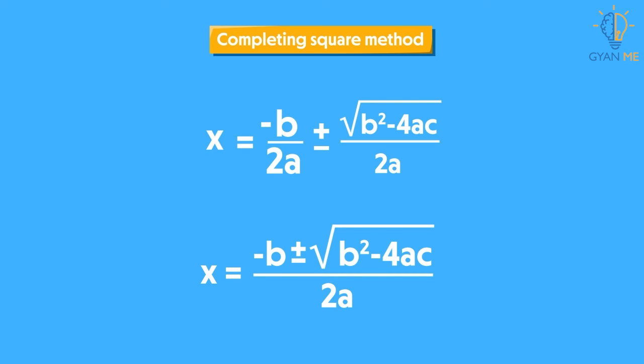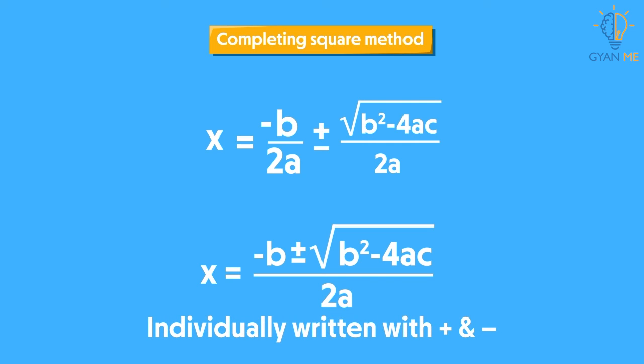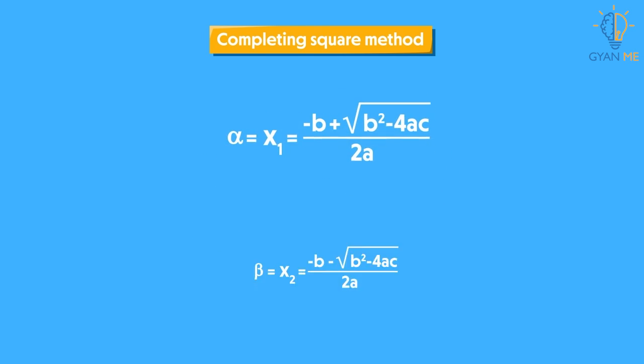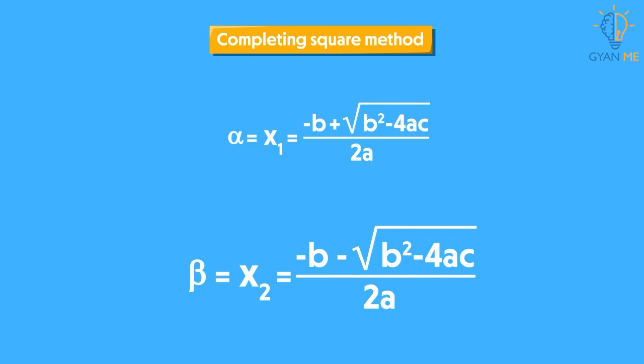This is what is our quadratic formula. Now we can write this individually with plus and minus. x1 denoted as alpha equal to minus b plus under root b square minus 4ac upon 2a. And x2 denoted as beta equal to minus b minus under root b square minus 4ac upon 2a.